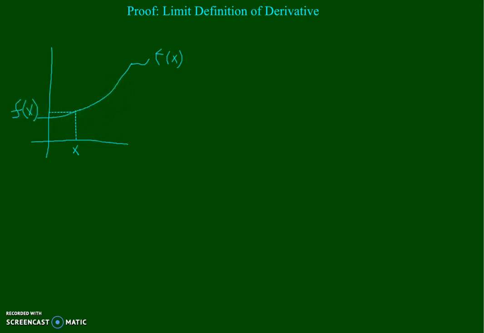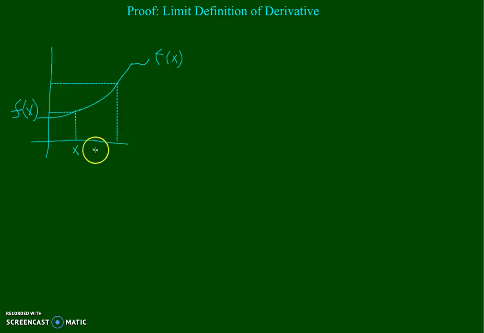And let's take another point out here. Let's call it this one. And let's go up here, and over here. Okay, there. Now, this is going to be some different value.